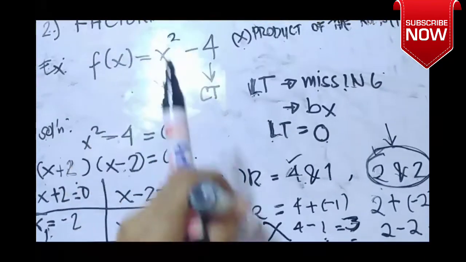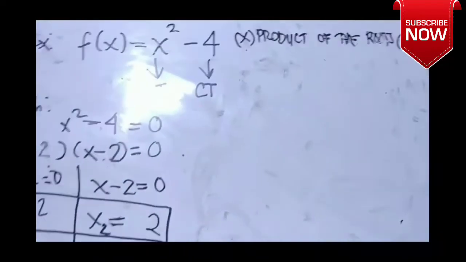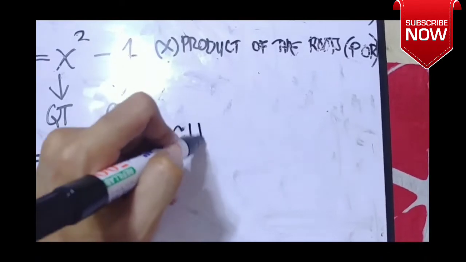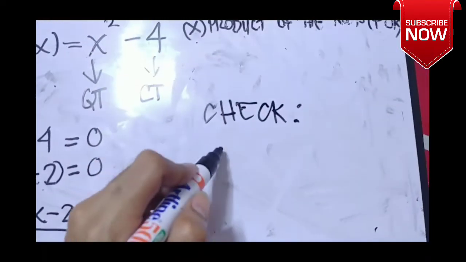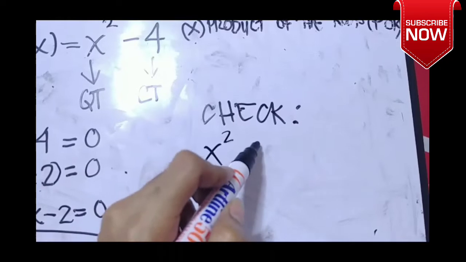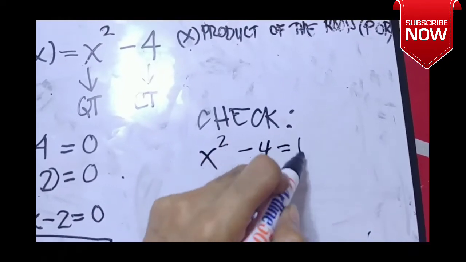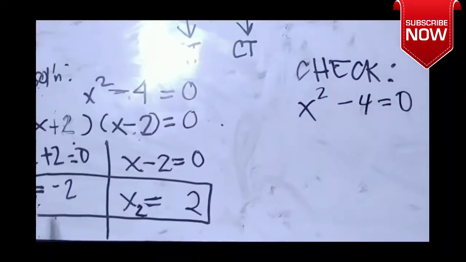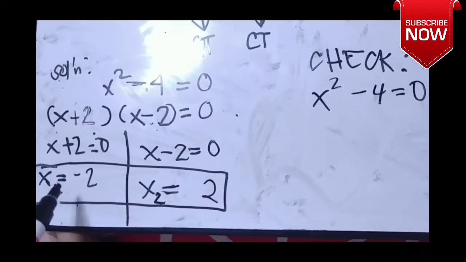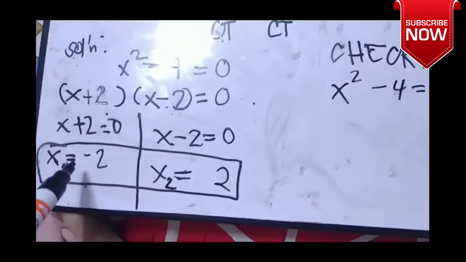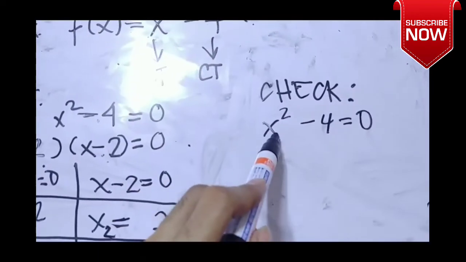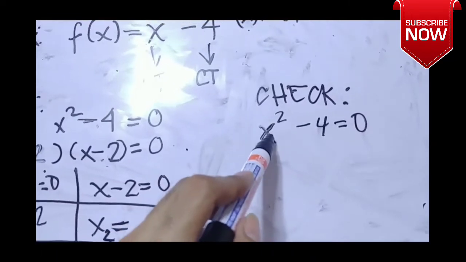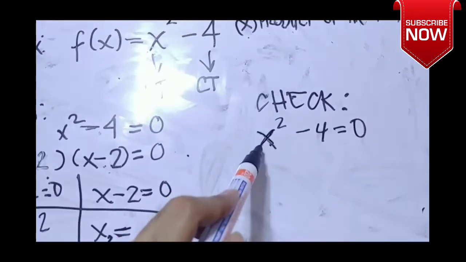Ang sabi ng equation, x squared minus 4 is equal to 0. So, let us try to substitute the first value of x, which is x1, negative 2, isa-substitute natin sa x na to, sa equation na to.